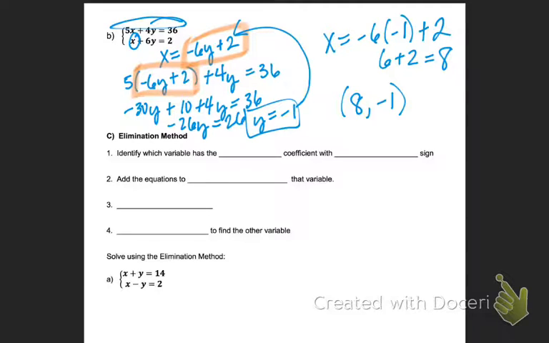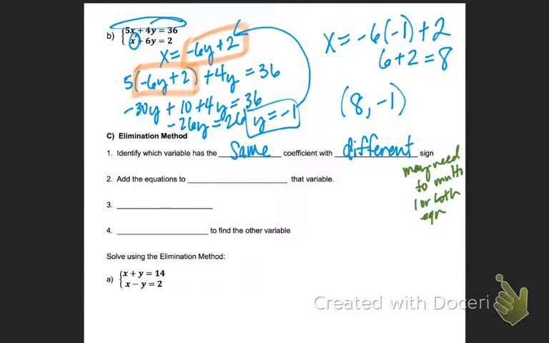The steps for the elimination method are: you identify which variable has the same coefficient with a different sign. You may have to multiply to manipulate that to work out, so you may need to multiply one or both equations.